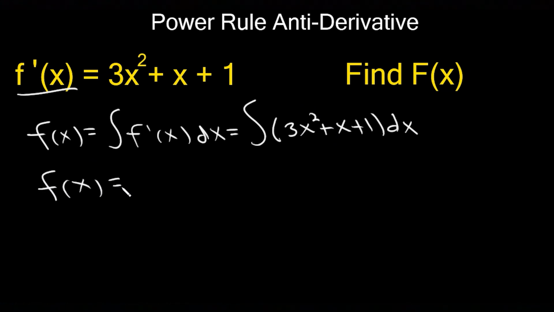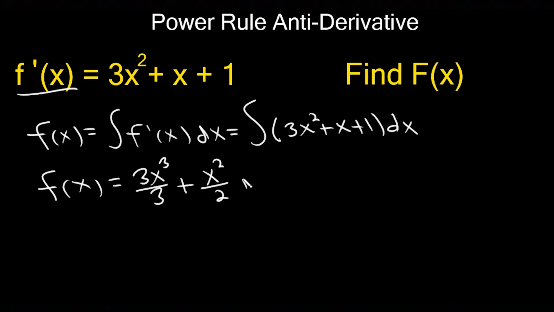F of x is equal to, so adding 1 and then putting that on the denominator, you get 3x to the third power all over 3. And we'll take care of simplifying it down at the end. Like those 3's will cancel out, but we'll wait till the end to do that. And then we have plus x squared all over 2. Okay.